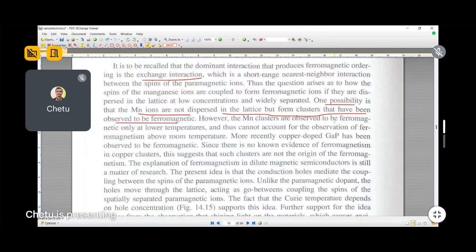So Mn clusters are observed to be ferromagnetic. There is one more thing: these Mn clusters are ferromagnetic only at lower temperature and thus cannot account for the observation of permanent ferromagnetism above room temperature. So again, there are some technical issues, like Mn clusters basically show ferromagnetic nature at lower temperature and not at room temperature.